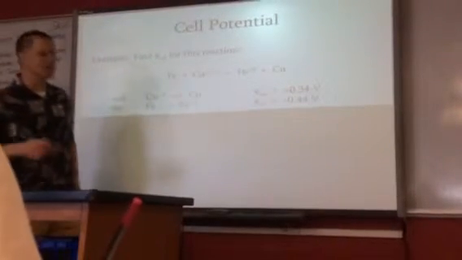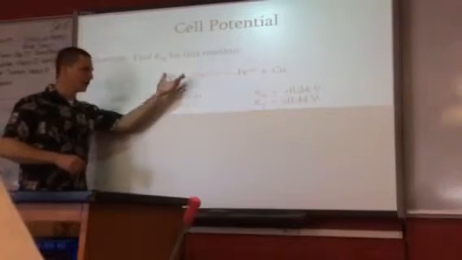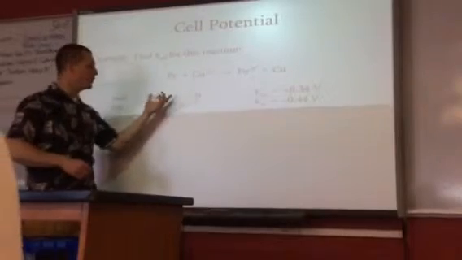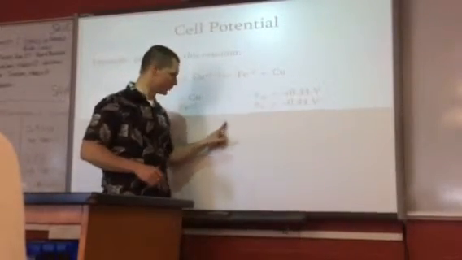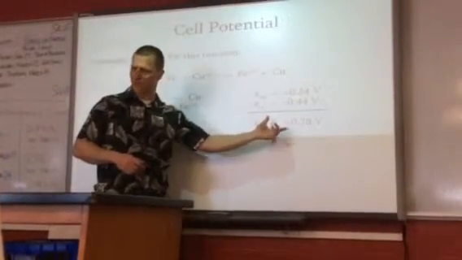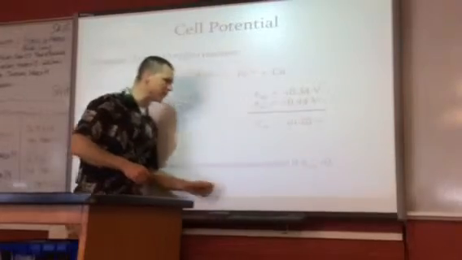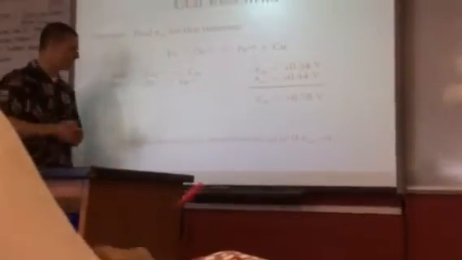So like we did with Hess's law, if you add these two half reactions together, you'll get that reaction. And when you add two half reactions together, all you have to do is add their half reaction potentials, and you'd get the cell potential. Now this comment down here that's written in purple is important. I would say put a box around this one.